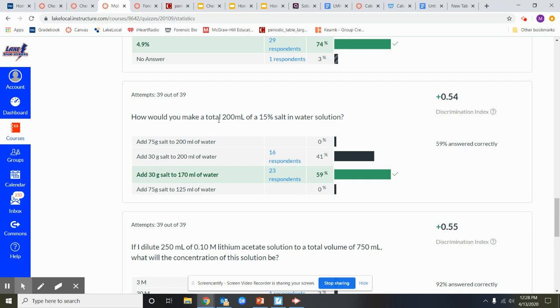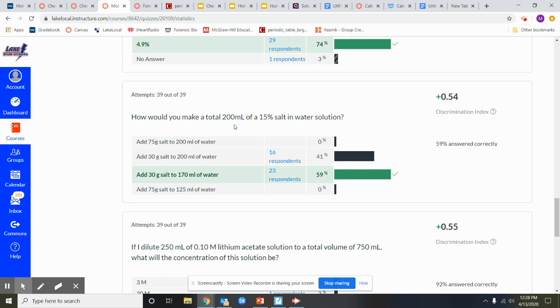However, when you need to make a total 200 solution, if I measured out 200 milliliters of water, picture this in a graduated cylinder, I have 200 milliliters of water, and then I add another 30 grams of salt on top of that. No longer is my final volume going to be 200.